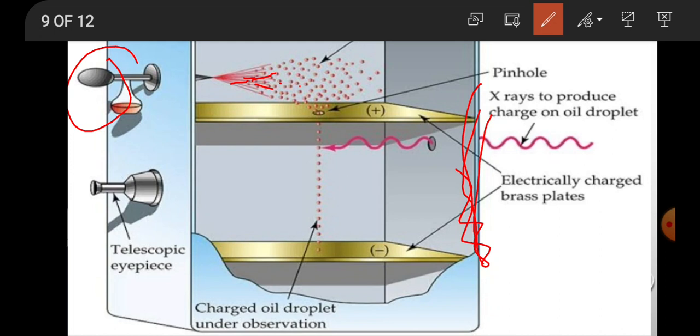Now these drops are really tiny, so there is a microscope or telescope on one side of this chamber, so the people doing the experiment can look through the microscope and see individual drops.